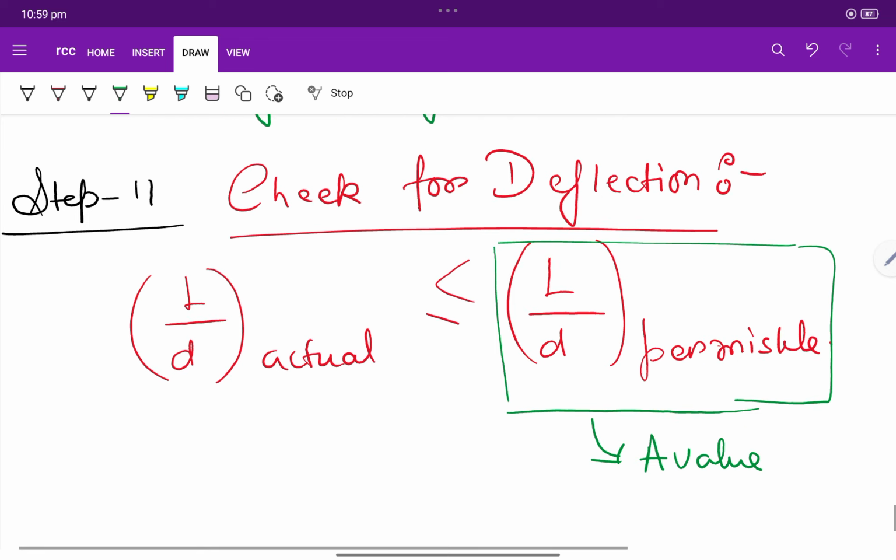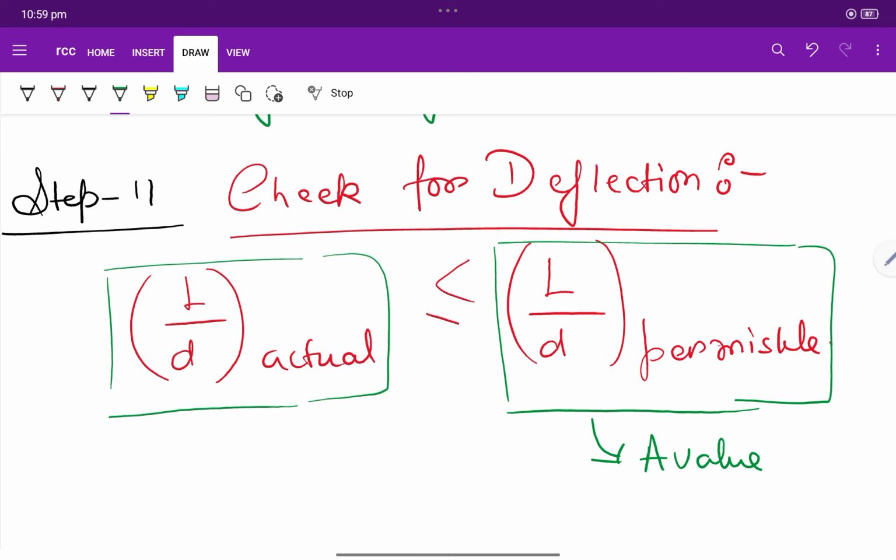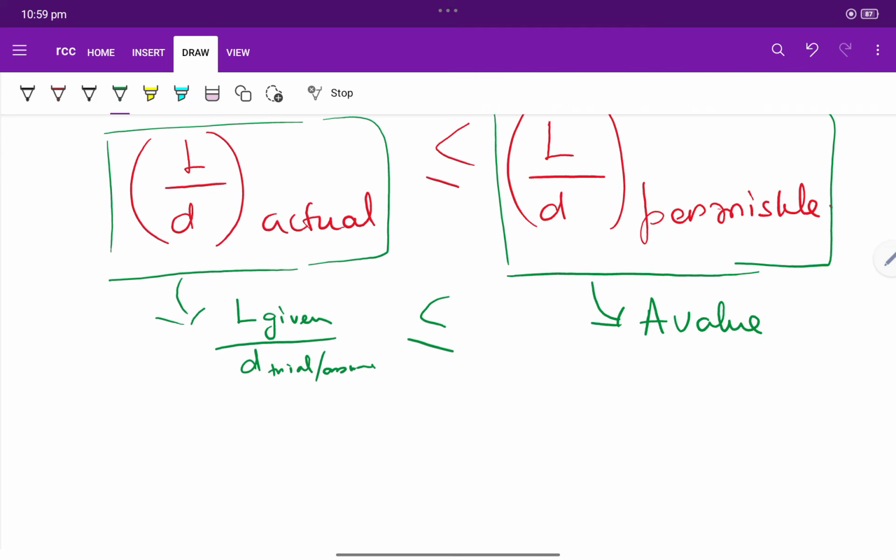And L by D, how are we getting it? L will be given and D we have assumed or taken from the trial. From this value you have to check whether it is within the permissible limit or not, and then we tell that hence the design is safe in deflection.